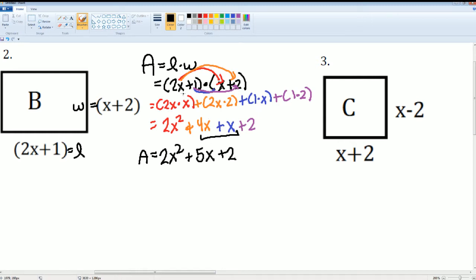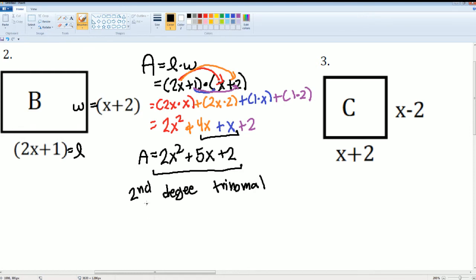Alright, again, here I define the length and the width. The length and the width are polynomials, so I'm going to multiply the polynomials, combine the like terms, and I get this. If you want to know what this is called, this has 3 terms, right? This is called a second degree, 1, 2, 3, so it is a trinomial.